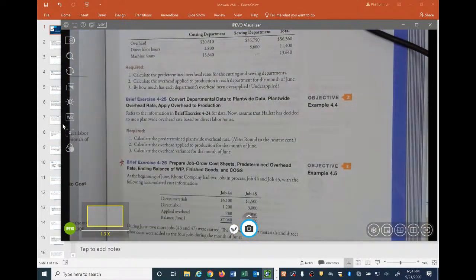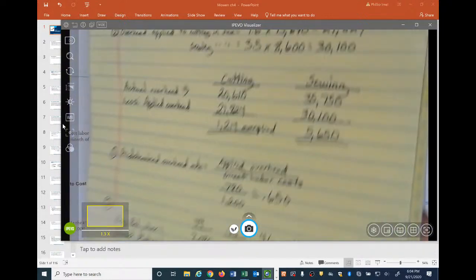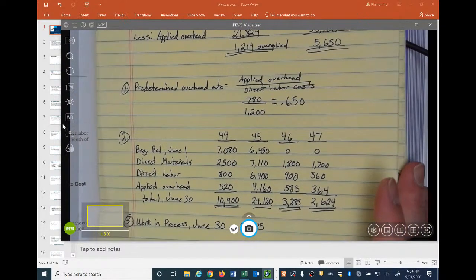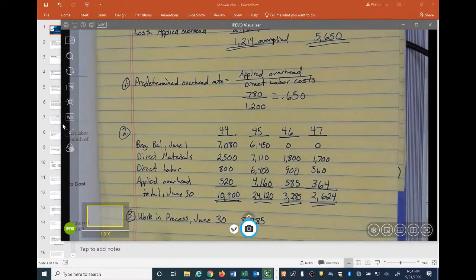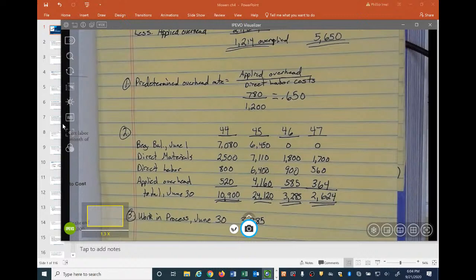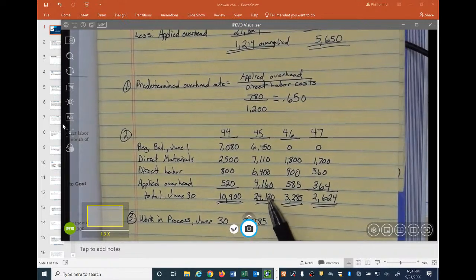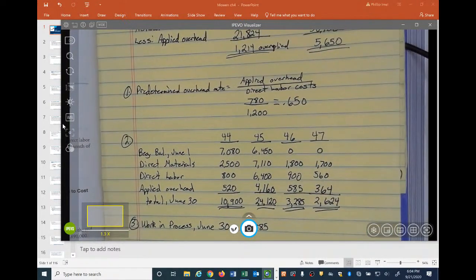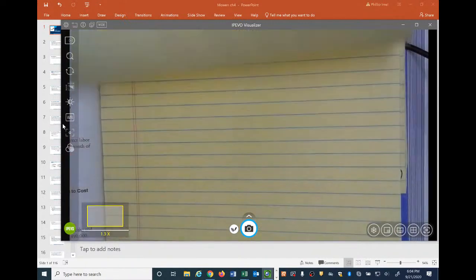Okay, so if jobs 44 and 47 are in finished goods, and in work in process we have job 46, what has to be our cost of goods sold? Which one was sold? Job 45. So now all we do is just take job 45. That gives us our cost of goods sold. Make sense? So it'll be 24,120.